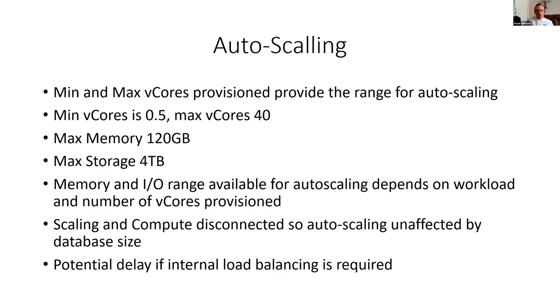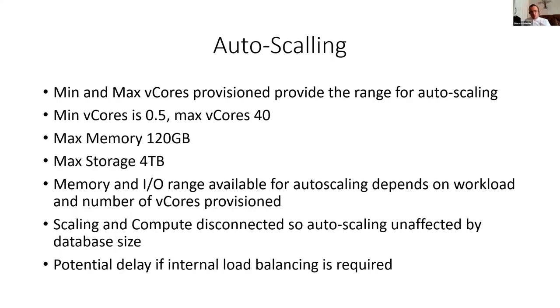As I mentioned when I was talking about memory, the ratio is 3 gig of memory per vCore. So that's where the maximum amount of memory of 120 gig comes from, 3 times 40. The maximum size that your database can be to go onto serverless is 4 terabytes. So if you have a database that's bigger than 4 terabytes, then unfortunately you're not able to use serverless.